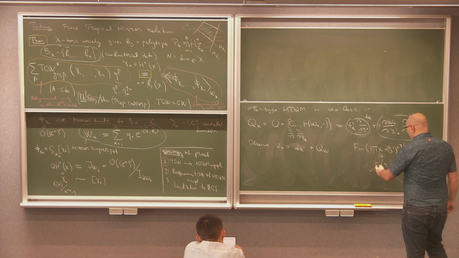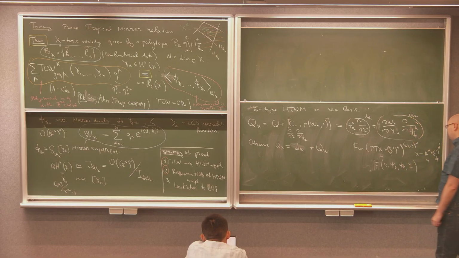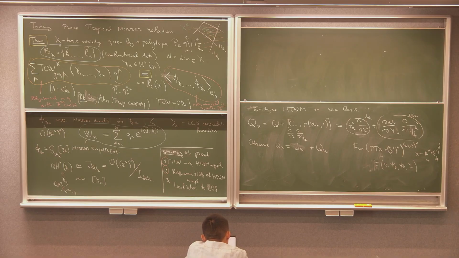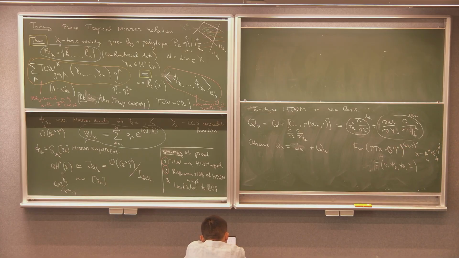And therefore the action of the full de Rham operator on this space of functions is equivalent to the action only of the radial part. And that is the reason why we have this Qx as a sum of two differentials.